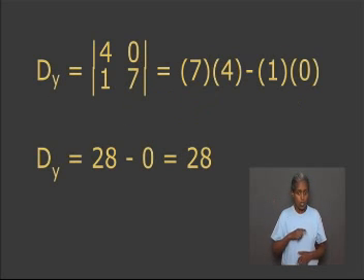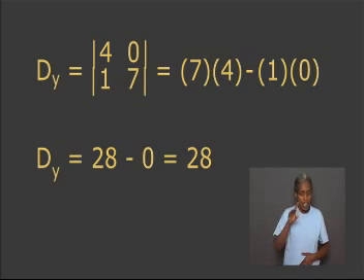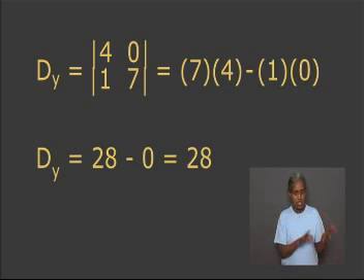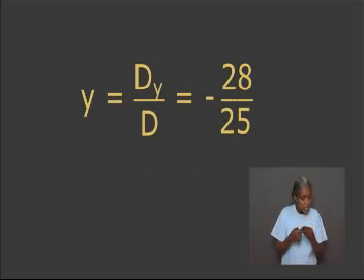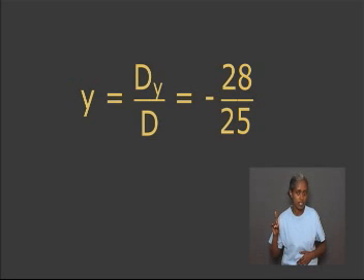We perform a similar calculation to find y. To find dy, we substitute the constant vector column 0, 7 for the y column. This gives us 4, 0, and 1, 7. Evaluating this determinant gives us 28. Since y equals dy over d, our answer for y is -28 over 25.